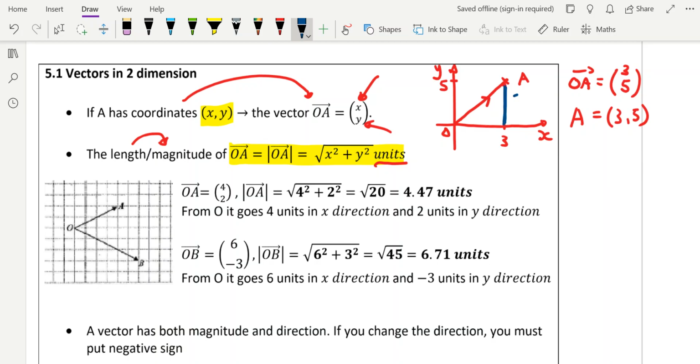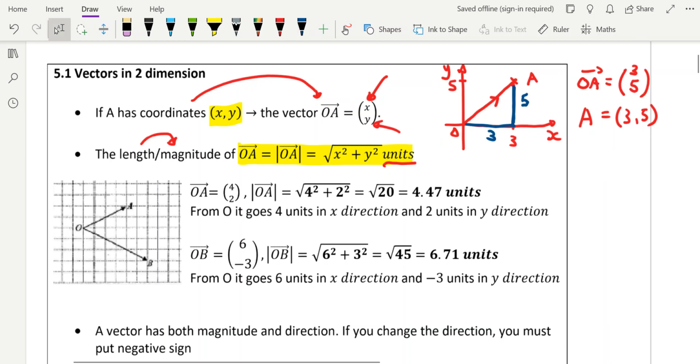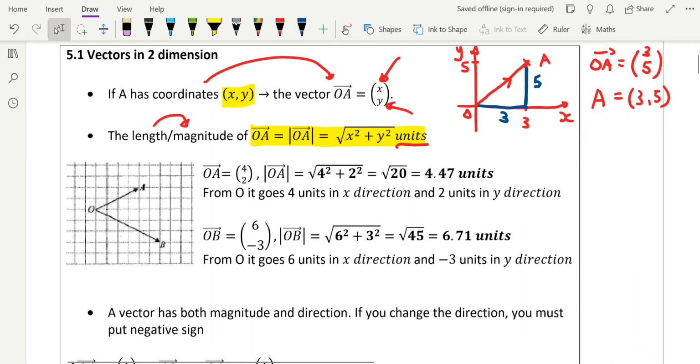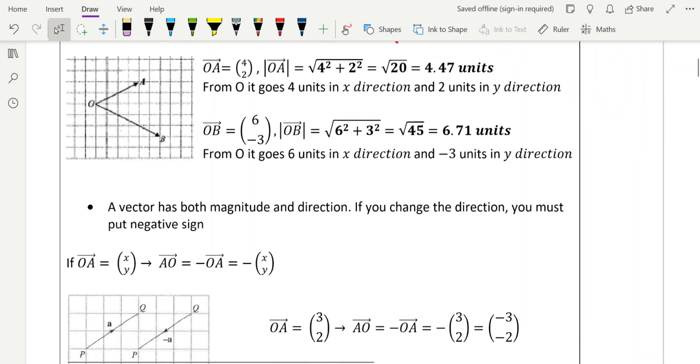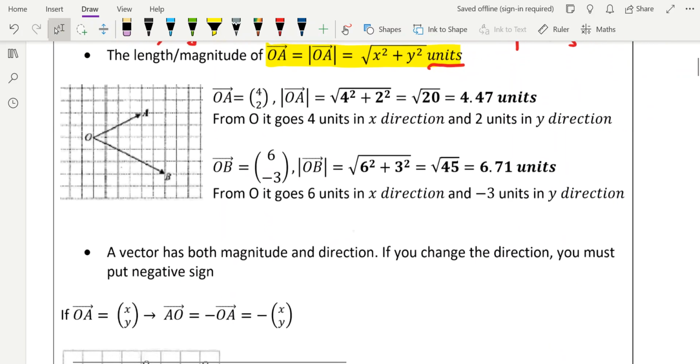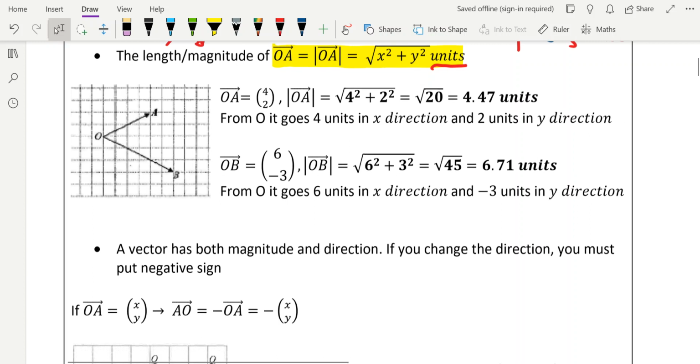The rise over here is 5 and here is 3, so to find the hypotenuse I use the square root of 3 squared plus 5 squared. Over here is an example of the representation of OA and the representation of OB and the value of the magnitude. In EMath, we leave it in 3 significant figures.